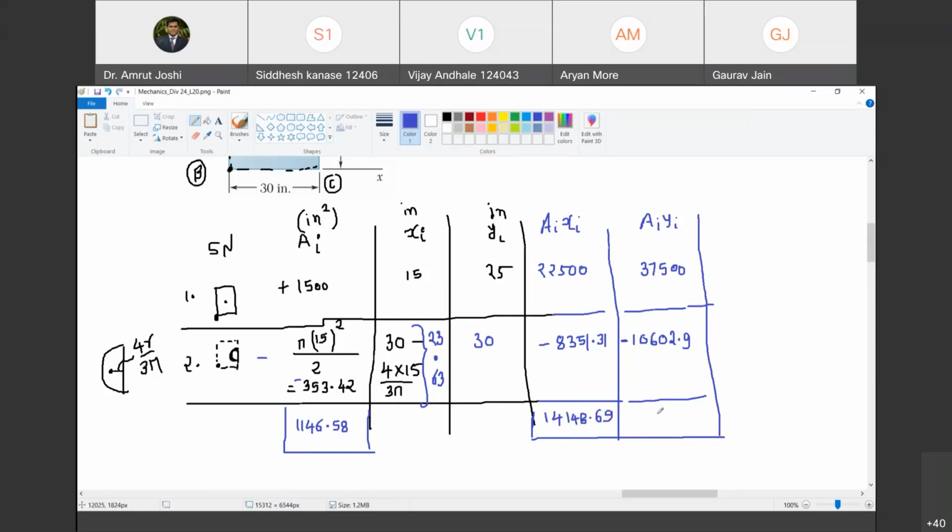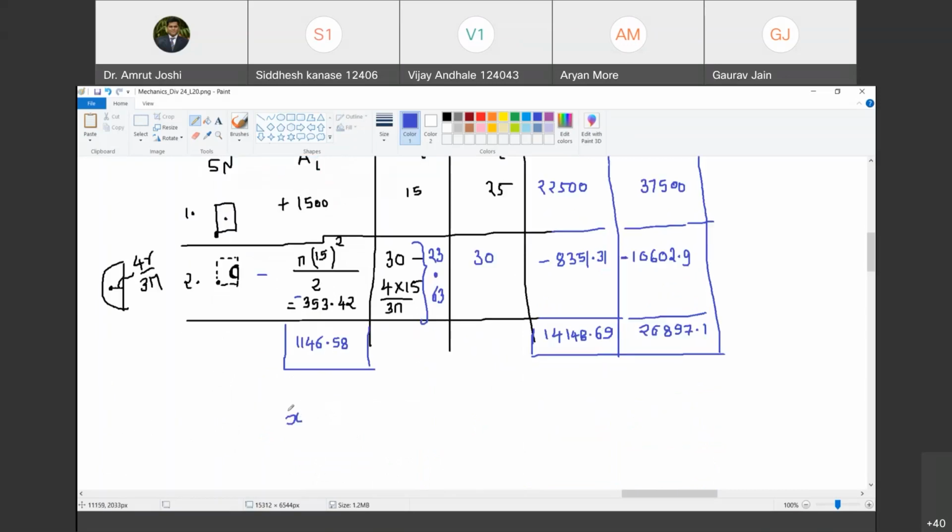And what is this? 37,500 minus 10,602.9. So 26,897.1. Okay. So now we have summation Ai xi, summation Ai yi, and summation Ai.